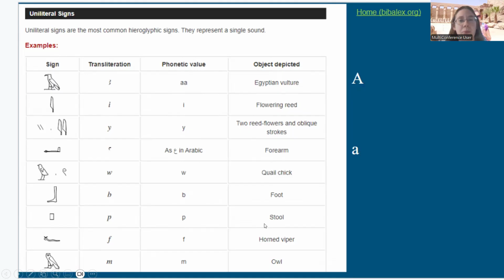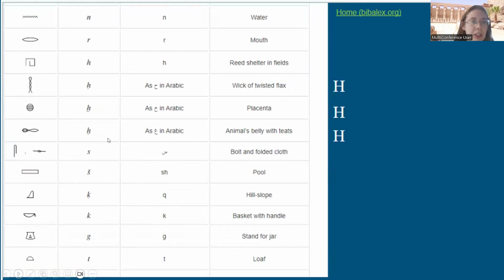And some of them we're a little bit more firm on than others. So one of the H's here, you see that Egyptologists think that it's an animal's belly with teats, but it might not be. It might be depicting something else, but that's the best guess that we have for what the image of that is actually depicting.